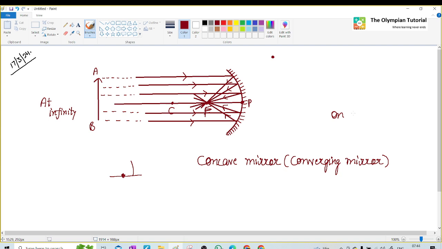Move the sheet of paper back and forth gradually until we find on the paper sheet a bright, sharp spot of light.